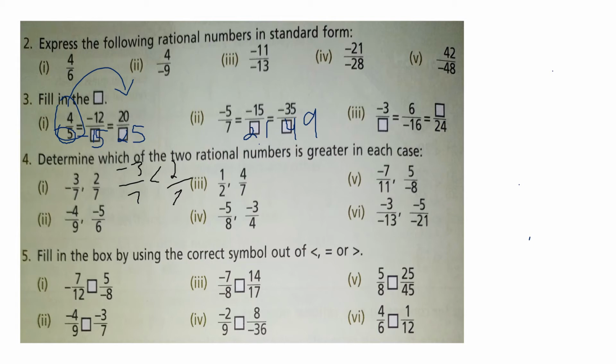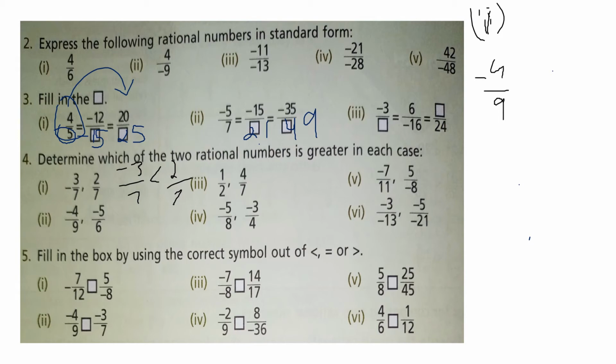It's up to you. Okay, in the second question, the denominator is not the same. Here we have 9 and here we have 6. So first you have to make the denominator the same to compare them. For that we can multiply this fraction by 6 and we can multiply this fraction by 9. I'm going to do the second part here.